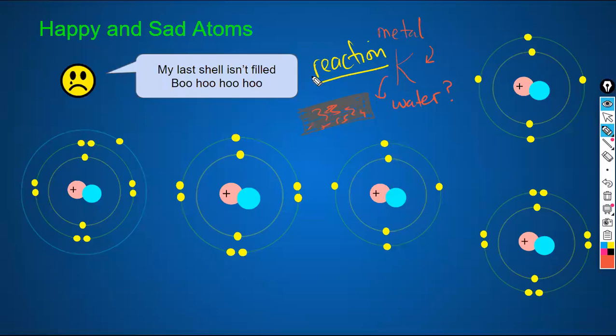Did you all know rusting is also a type of reaction? When you leave iron to rust, that is a type of reaction. It's just not an exciting reaction like potassium falling in water, where you get this Hollywood explosion.